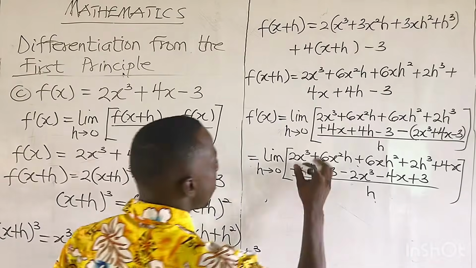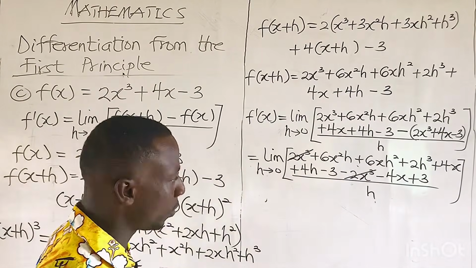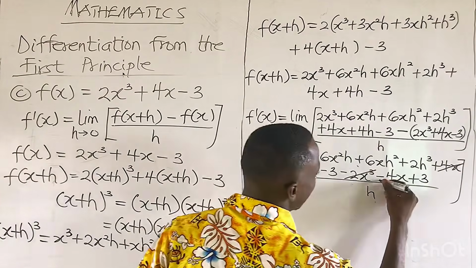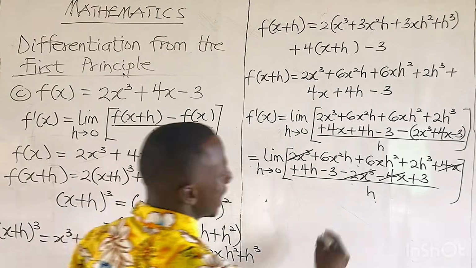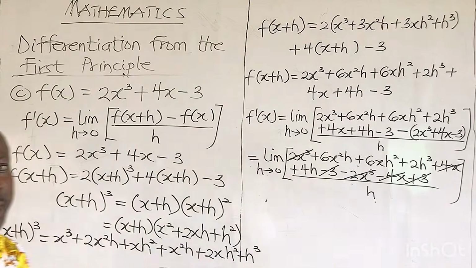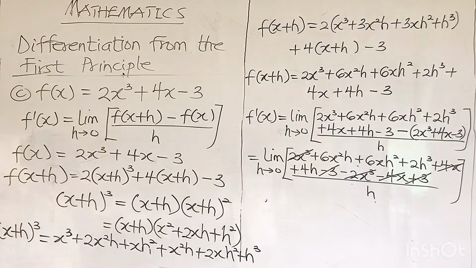After here, positive 2x cubed can take off the negative 2x cubed. Then positive 4x can also take off the negative 4x. Then I have negative 3 also taking off the positive 3. Now, from the first principle, in most cases, the f of x given must be cancelled out so that you can be able to simplify it very well.